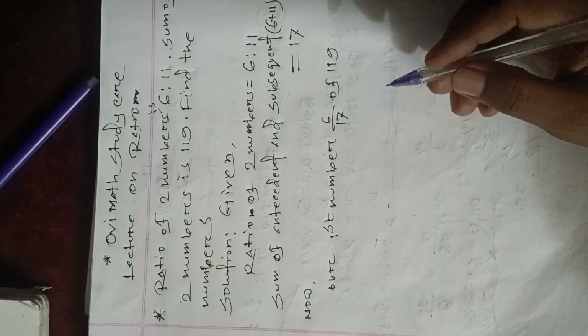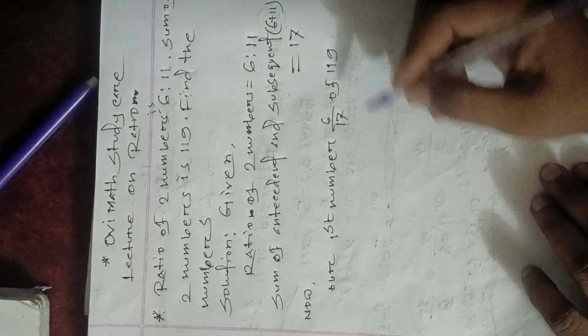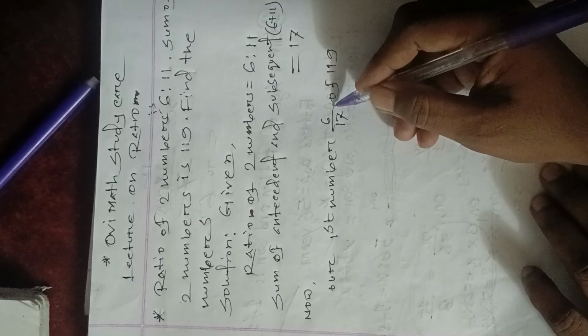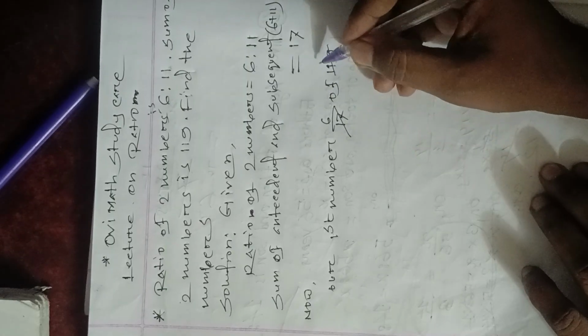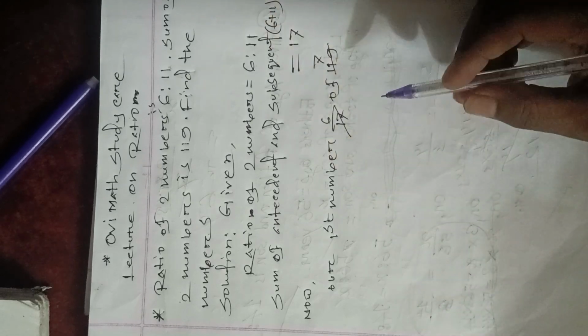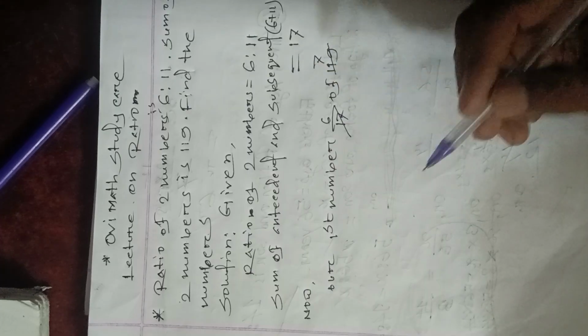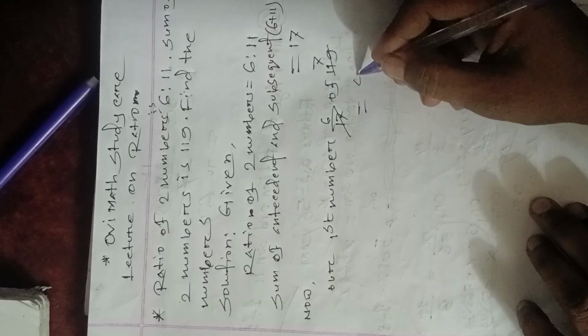If we divide 119 by 17, 17 sevens are 119. Since 6 into 7 is equal to 42, our first number is 42.